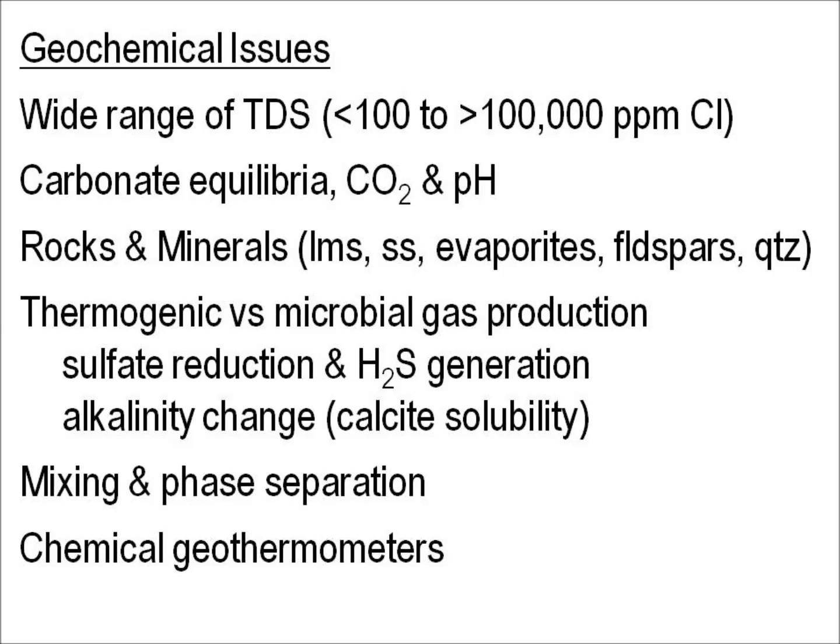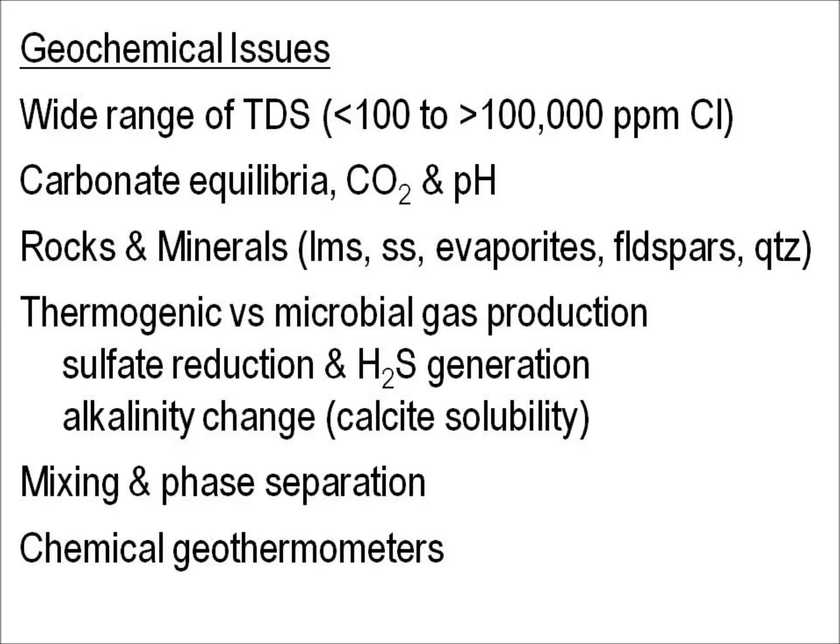Joe mentioned that there's a wide range of fluid compositions in geothermal systems. One of the things that I think is really critical, and Joe touched on this as well, is carbonate equilibria. By carbonate equilibria, I mean not only reaction with calcite or other carbonate minerals, but CO2 and CO2 concentration, and also pH.